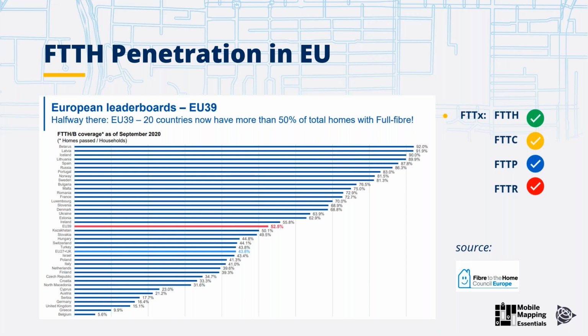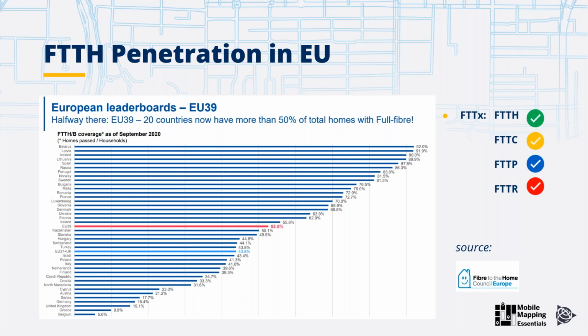The fiber optic technology, or FTTX if you like, can be split in different kinds of broadband communication services. We talk about FTTH, which stands for fiber to the home, which means that the fiber optic network providing connectivity arrives directly to the router of the user.